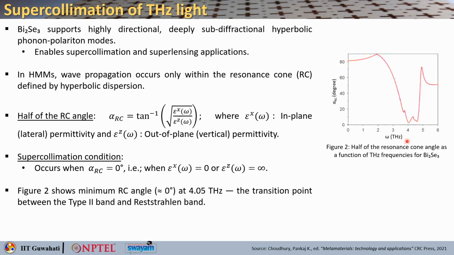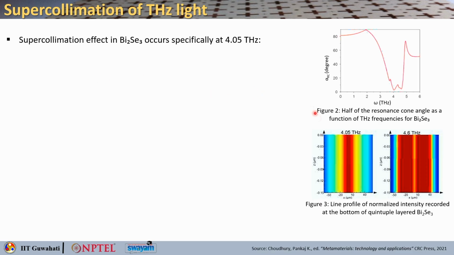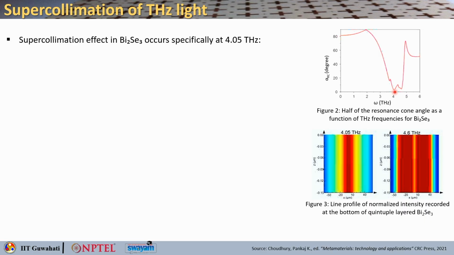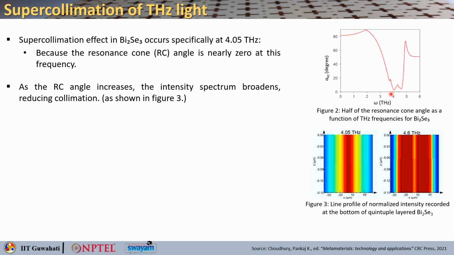This is the transition point between the type 2 hyperbolic metamaterial band and the Australian band. So the supercollimation effect in bismuth selenide will take place specifically at 4.05 terahertz, because the resonance cone angle is almost nearly 0 at this frequency.